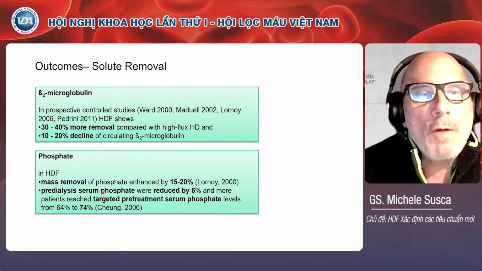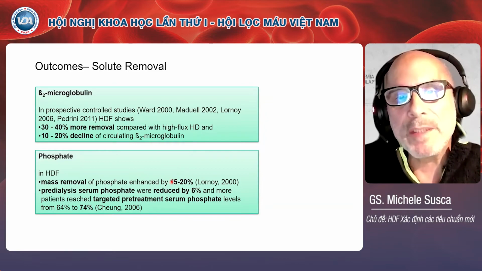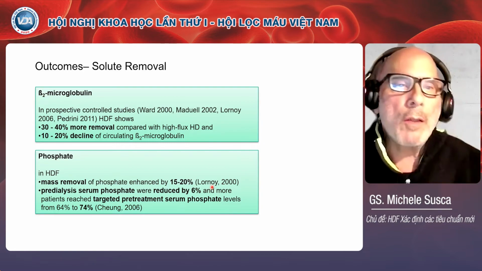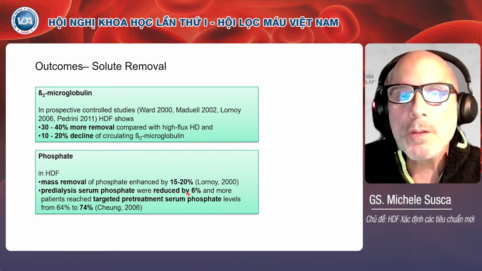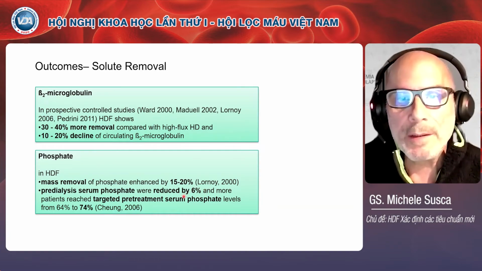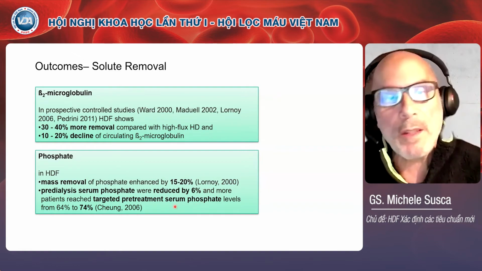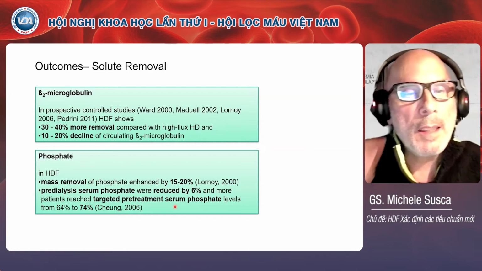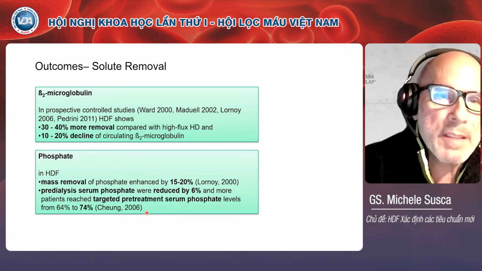The mass removal of phosphate is enhanced by 15 to 20%. This was the study of Lornoy. Also pre-dialysis serum phosphate has been reduced by 6%, and the targeted pre-treatment serum phosphate also improved from 64% to 74%.